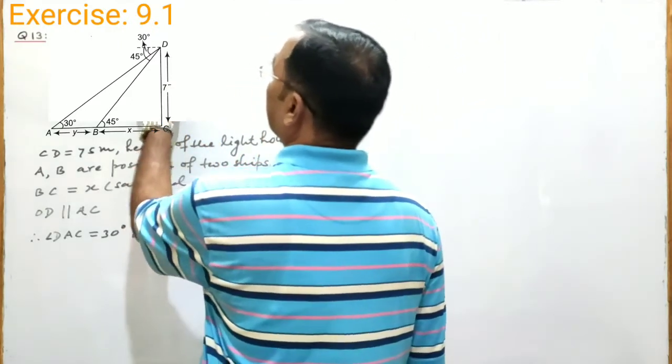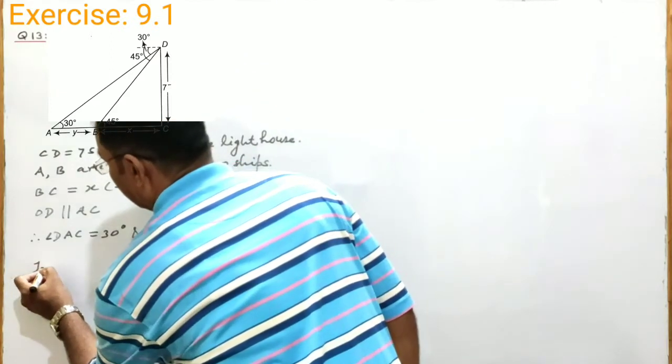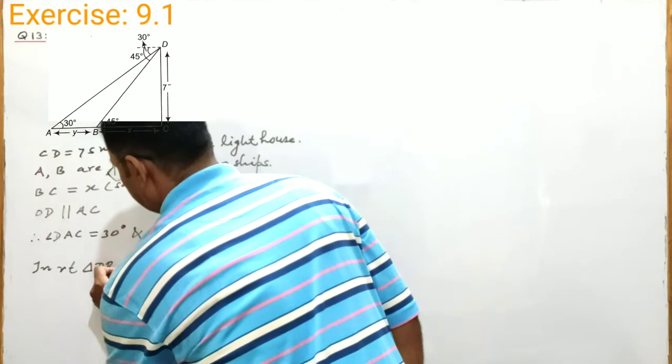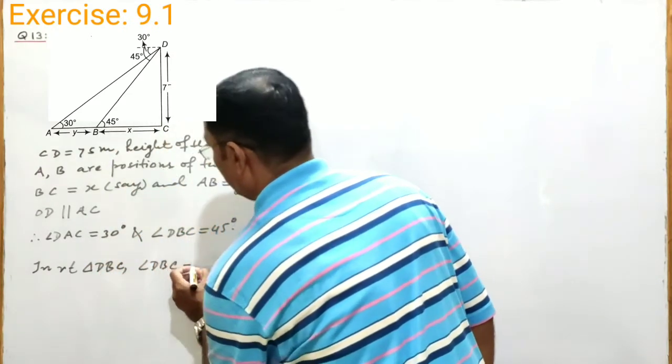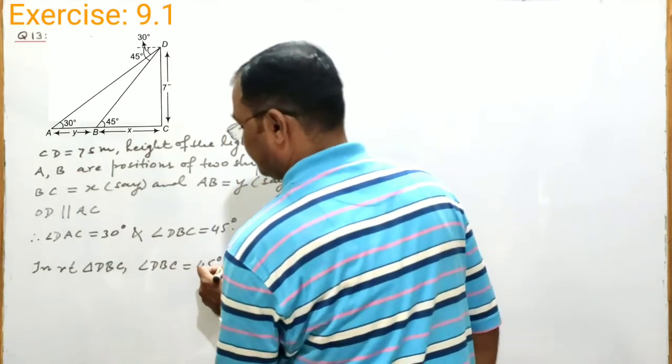Now in right triangle DBC, angle DBC is equal to 45 degrees.